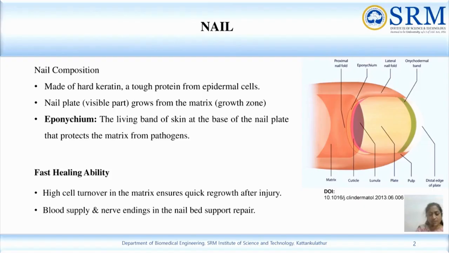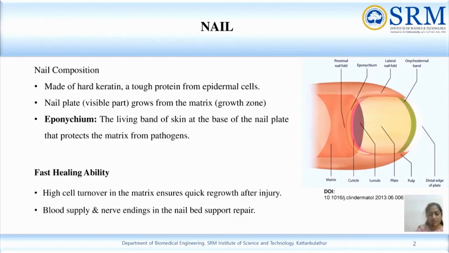So first, coming to the anatomy of the nail. The nail is composed basically of a hard keratin protein, which is very tough, and it helps to protect the fingertips, and it is produced from the epidermal cells. The nail plate is the visible part of your nail, which grows out from the matrix region.